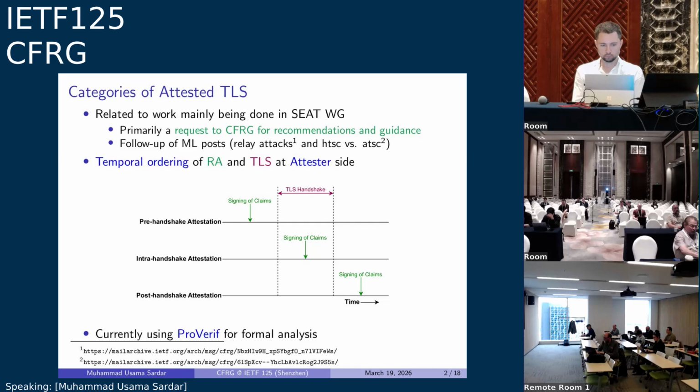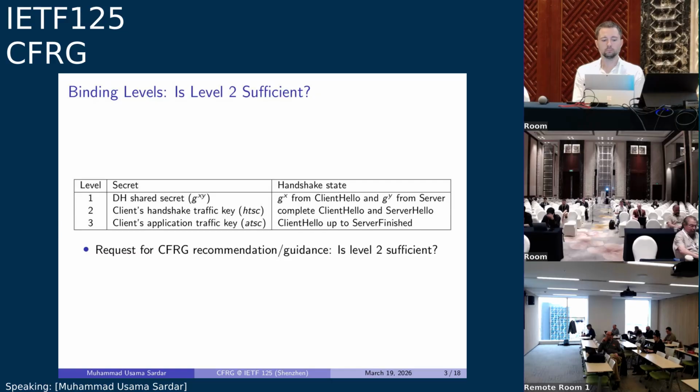If you do it before, that's pre, in between is intra, and after is post. And I'm going to mainly talk about intra in the first part. And as I said, I use ProVerif for the formal analysis. So this is the main question that we have: how do I bind that evidence, which is signed, to the specific connection?